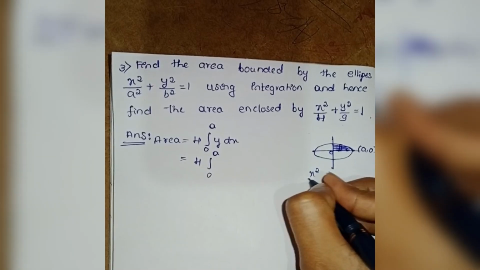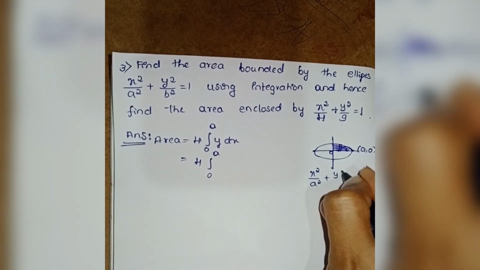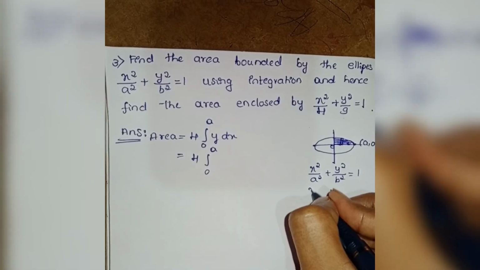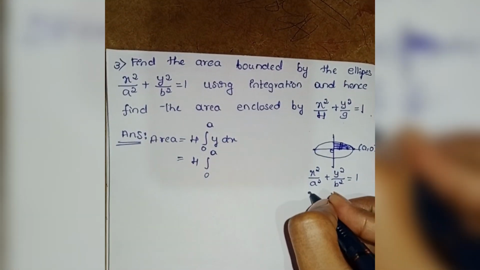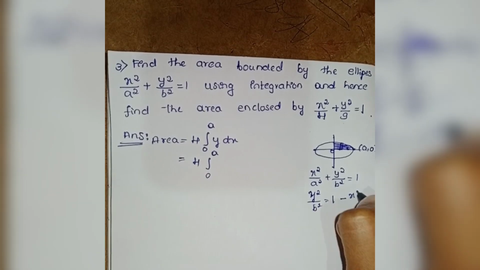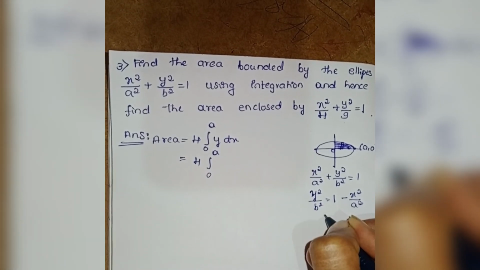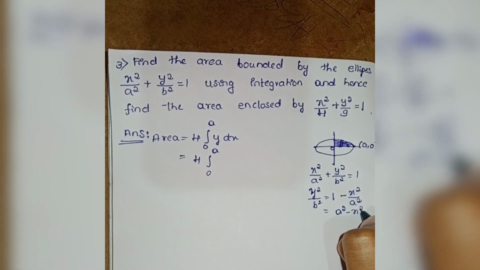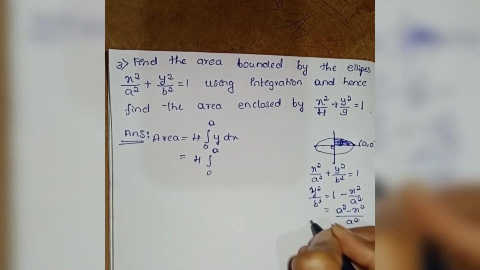So x square by a square plus y square by b square equal to 1 is the equation of the ellipse. Rearrange the terms, we need y. So y square by b square is equal to 1 minus x square by a square. Take the LCM, so a square minus x square divided by a square.